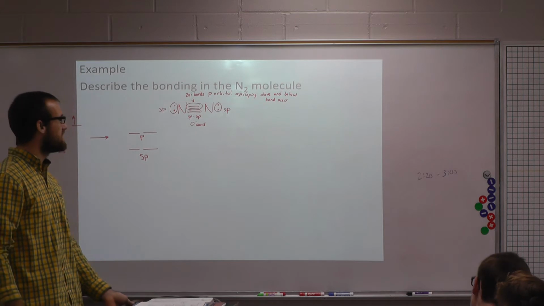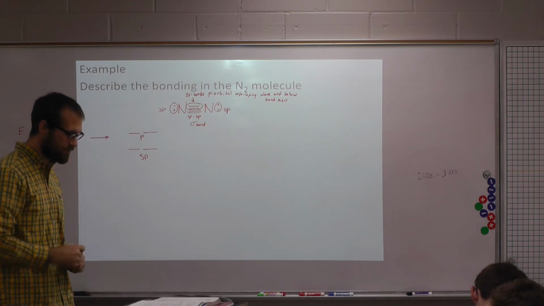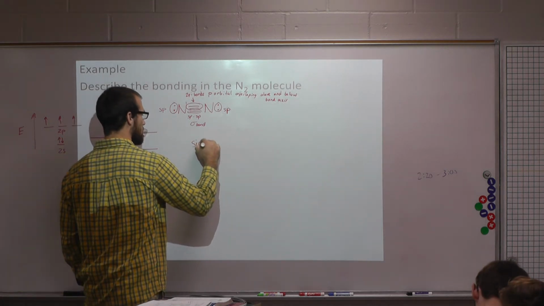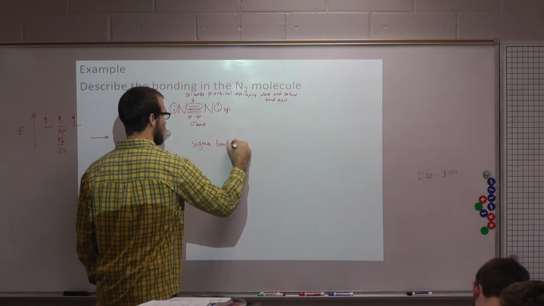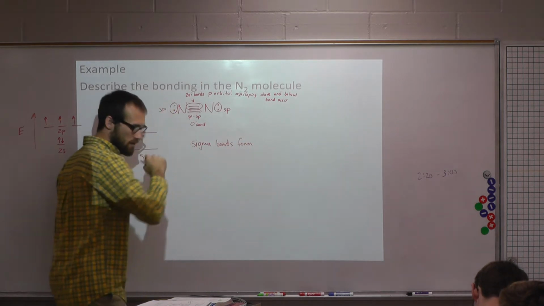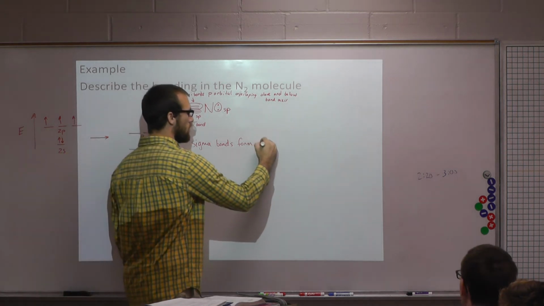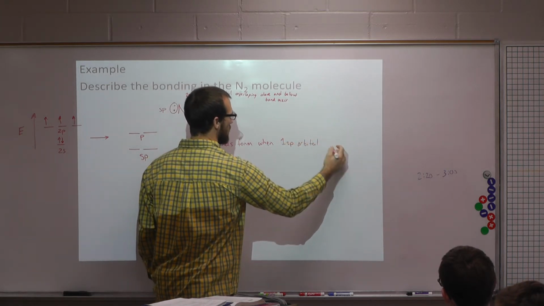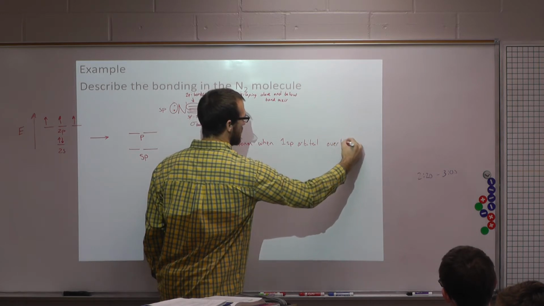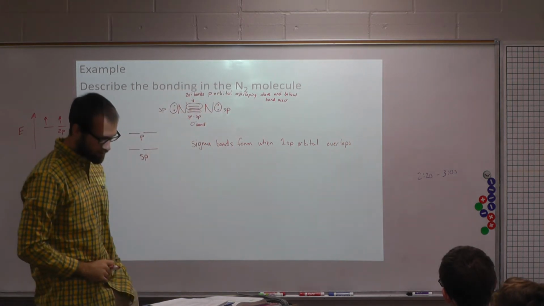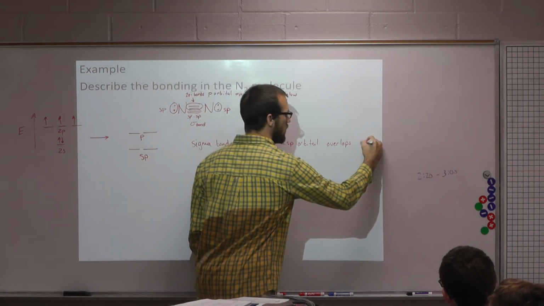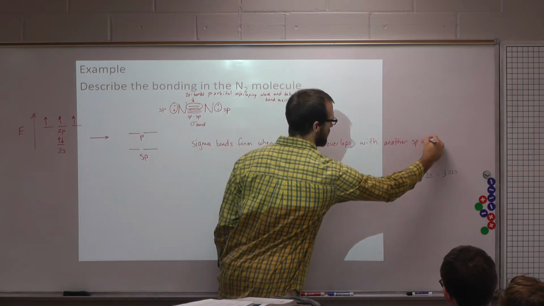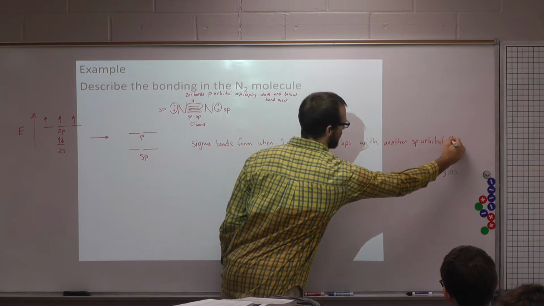So how would I describe this on an essay question? I would say sigma bonds form when one sp orbital overlaps with another sp orbital from the nitrogens.